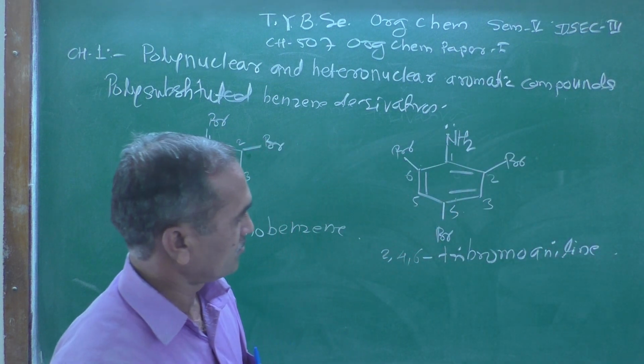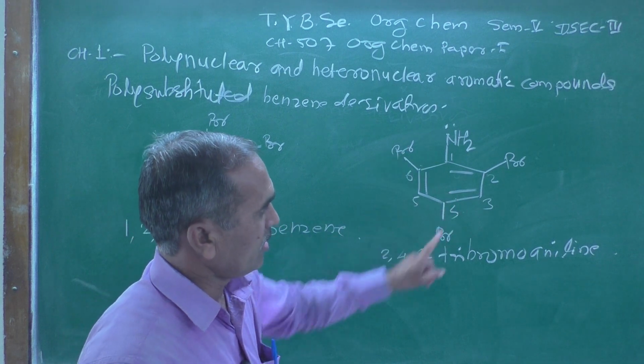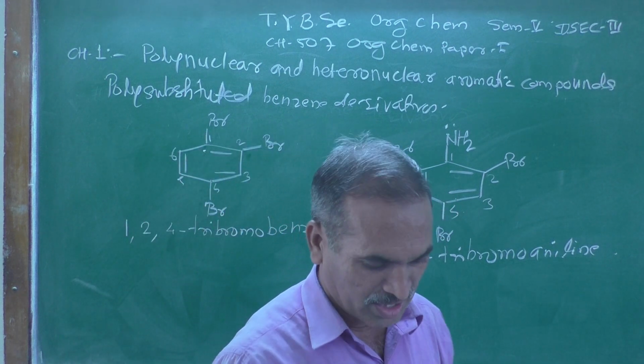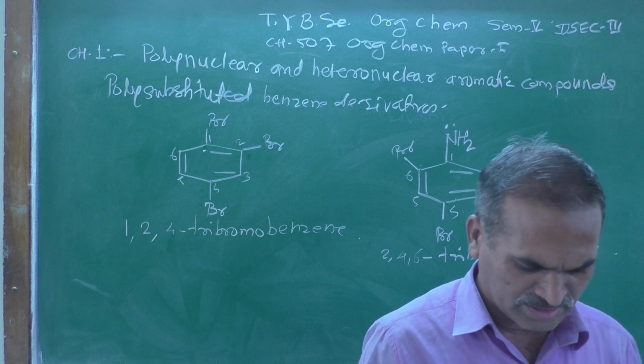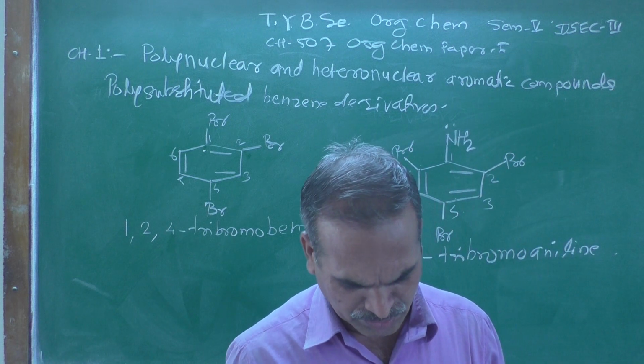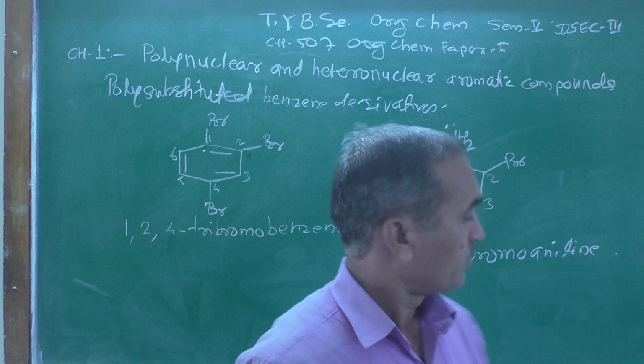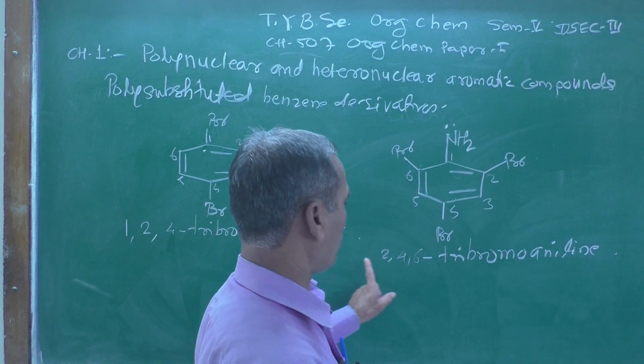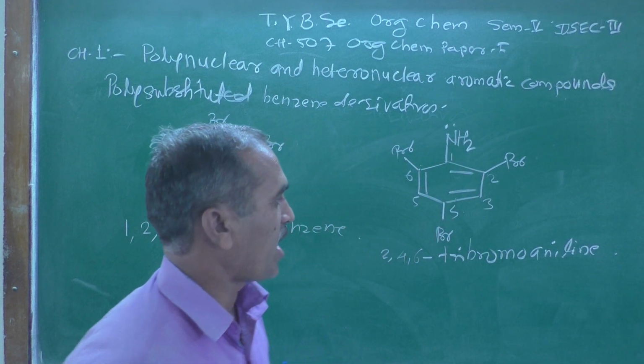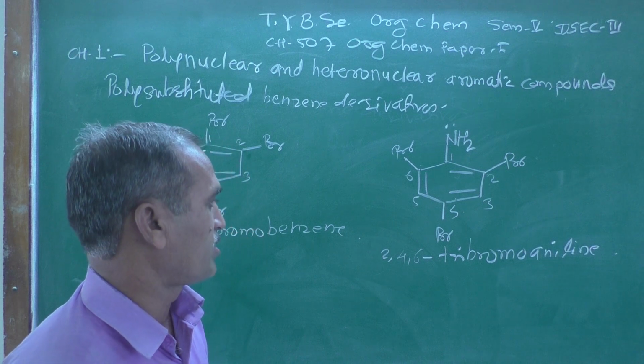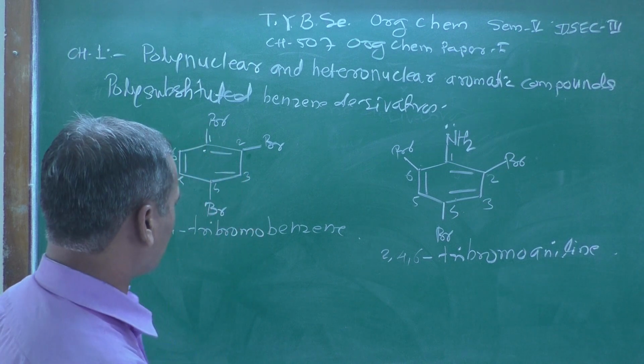Aniline is the name given to that moiety, and therefore it is known as 2,4,6-tribromoaniline. That is the IUPAC name of this compound.